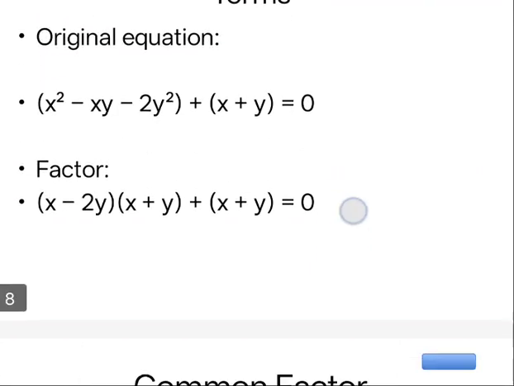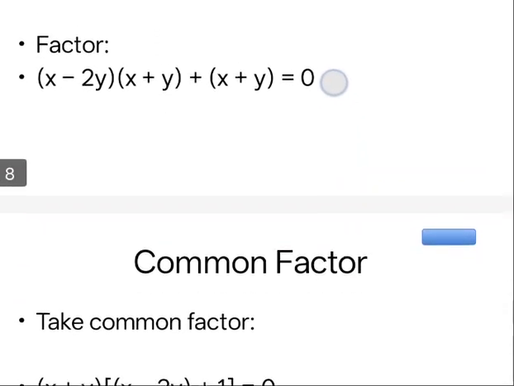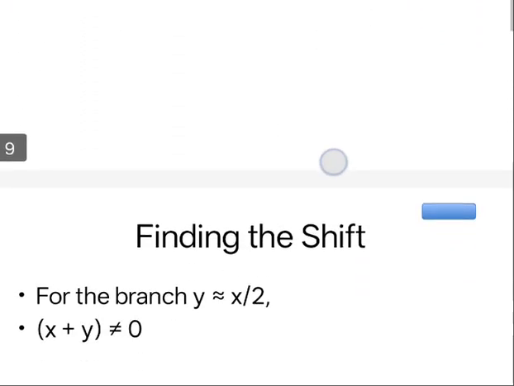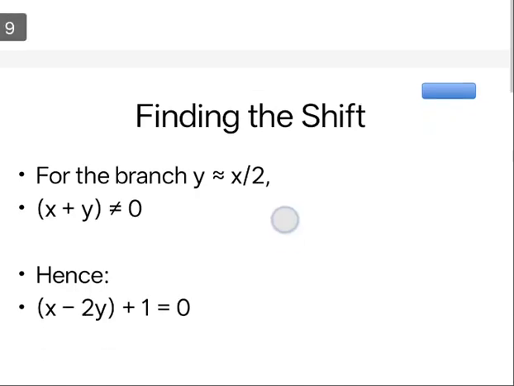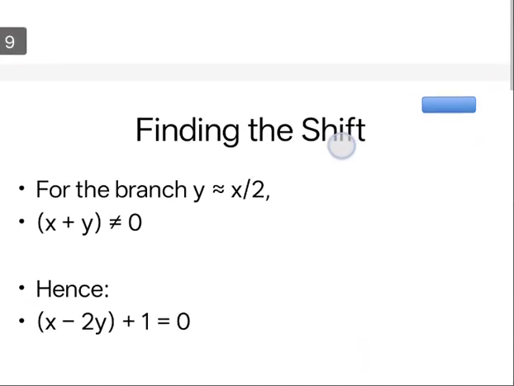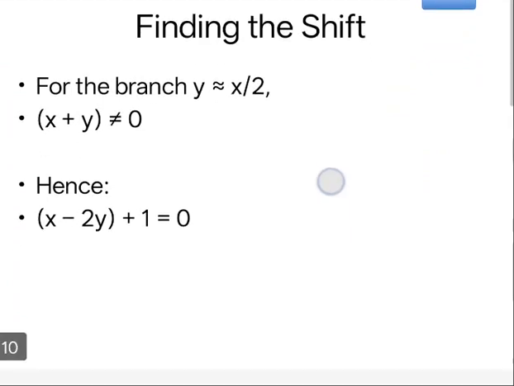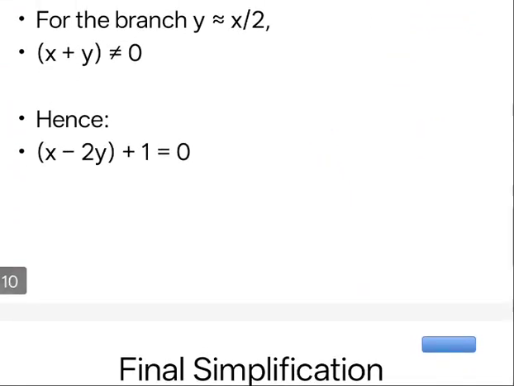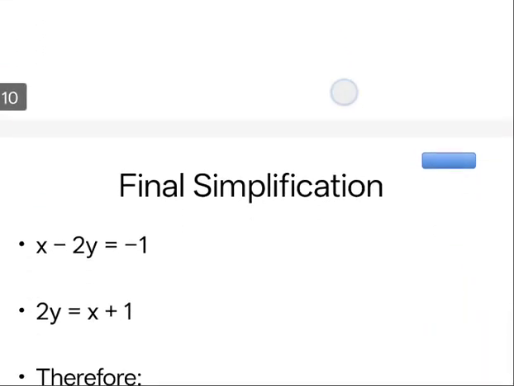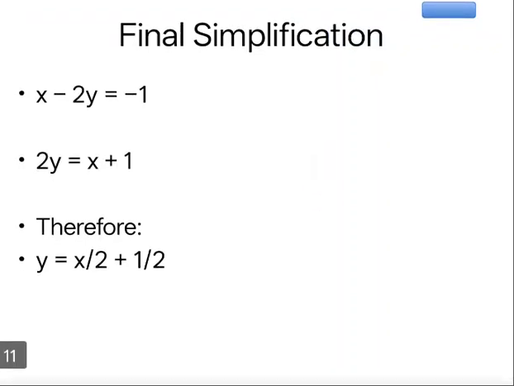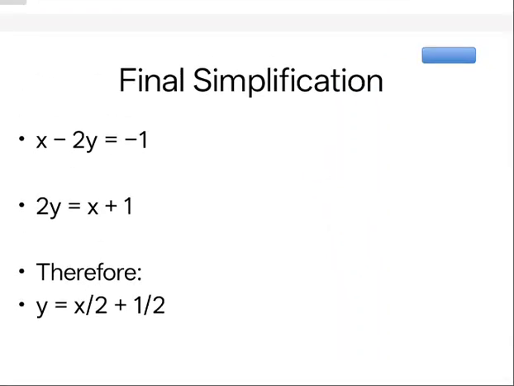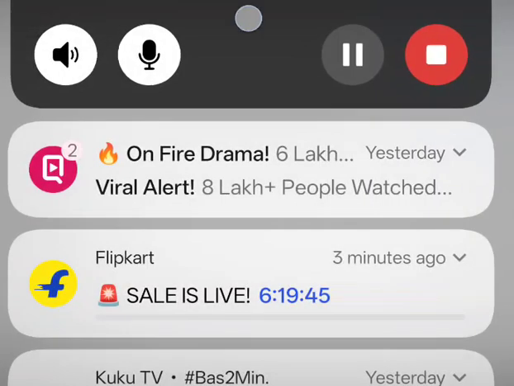After taking this, we know already that x plus y is not equal to 0, that information is used here, and the second part we can solve, and we can get the final simplification, and y is equal to something. Like that we can use that information and find the second part also. This is how we can find out the things. Okay.